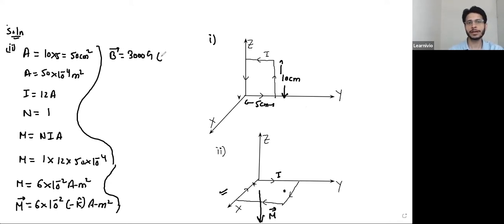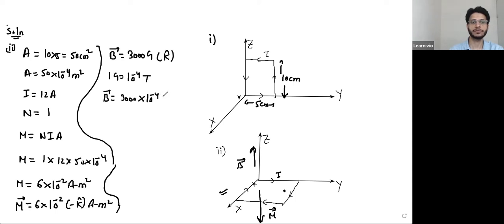The direction of magnetic field is along z-axis, along k cap. One Gauss is 10 raised to the power minus 4 Tesla. So it's better if you convert this into Tesla: 3000 into 10 raised to the power minus 4 k cap Tesla. So this is your B, which comes out to be 0.3 k cap Tesla.